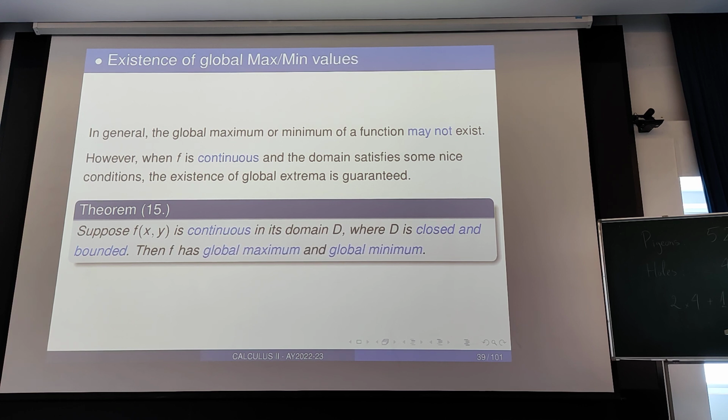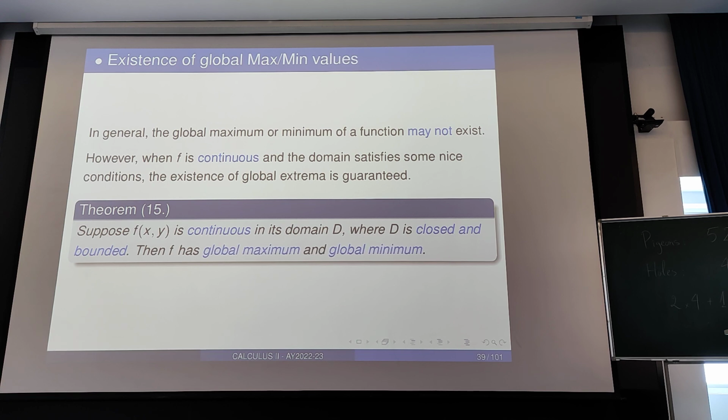So you can see here is the condition for the existence of a global extremum. The domain of the function should be closed and bounded. Okay. So when you consider a continuous function on a closed and bounded set, then it is guaranteed that the global extrema exist, both maximum and minimum.